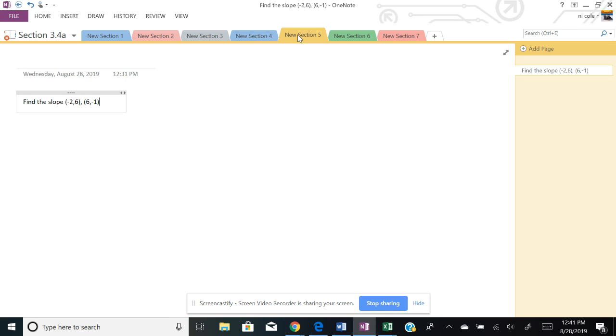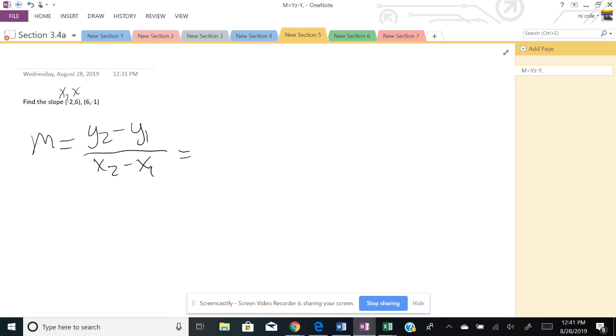All right, so find the slope of -2, 6, and 6, -1. Once again, I'm going to start off by writing the equation. M is equal to y2 minus y1 all over x2 minus x1. Now let's see, what's my y2, y1? Let's go up here: x1, y1, x2, y2.